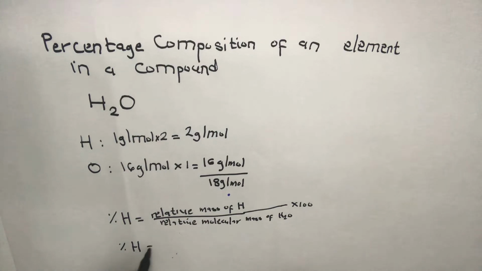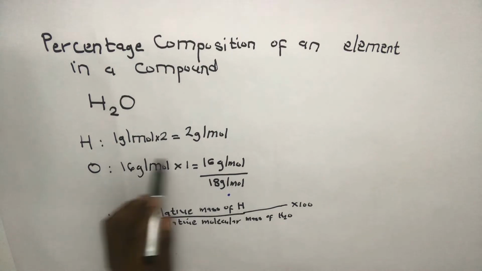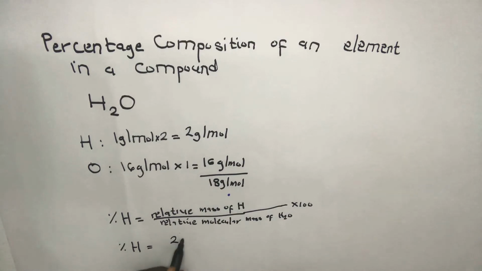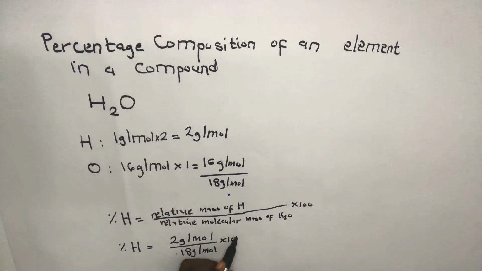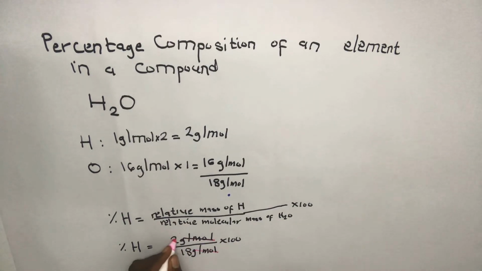The relative mass of hydrogen in this compound is 2 grams per mole. So we have 2 grams per mole, all over the relative molecular mass of water, which is 18 grams per mole, times 100. Grams per mole cancel grams per mole. So 2 times 100 is 200, divided by 18.